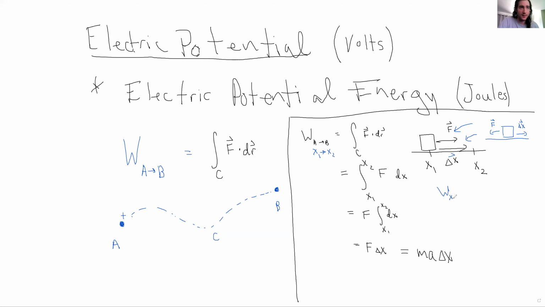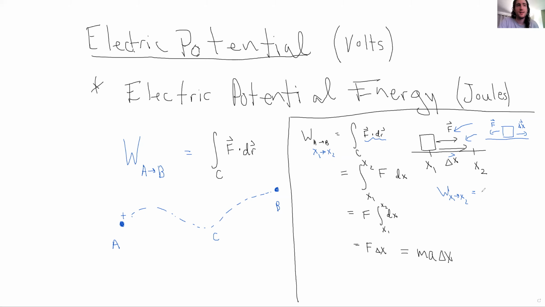So if we, again, do work from x1 to x2, what we would see is that for this dot product here, the vectors are pointing in opposite directions. But again, our force here and delta x are basically constant in this case. Nice simple example.